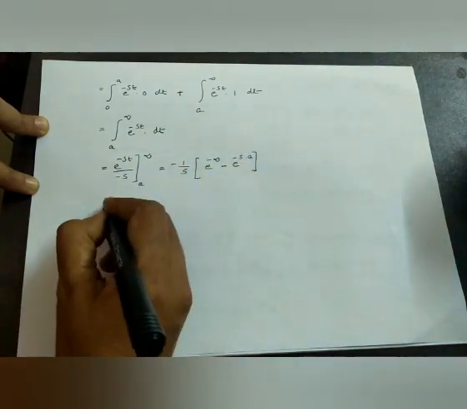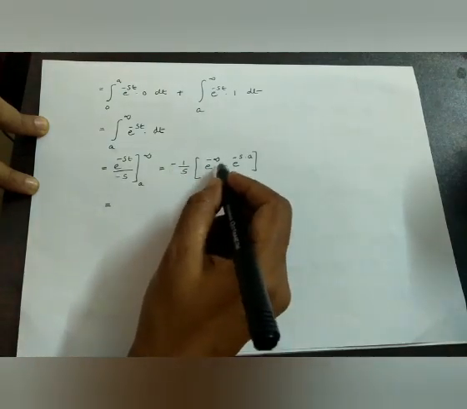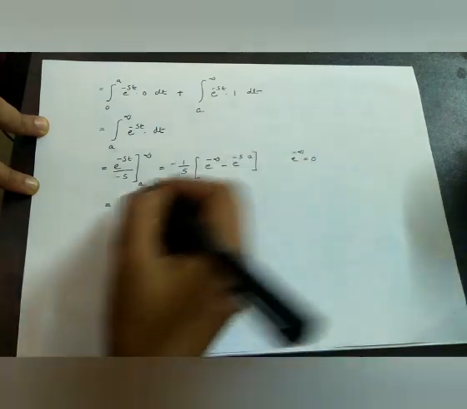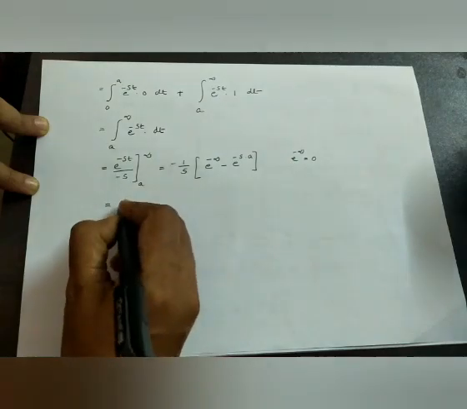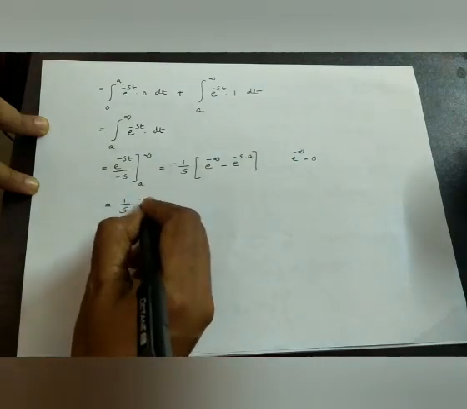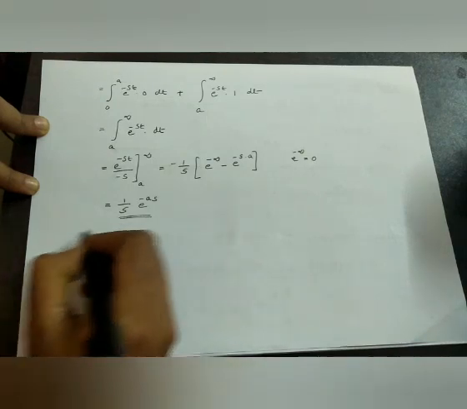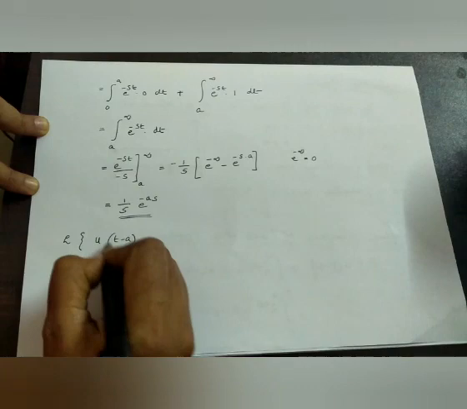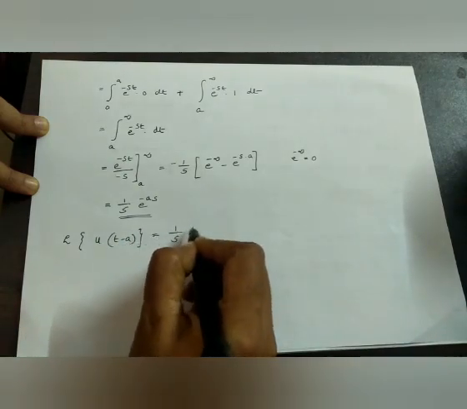It is equal to minus 1 by s into e raised to minus infinity, which is 0, as we already know. Therefore we get minus 1 by s into minus e raised to minus as, which is 1 by s e raised to minus as. Therefore, the Laplace transform of u of t minus a is equal to 1 by s e raised to minus as.